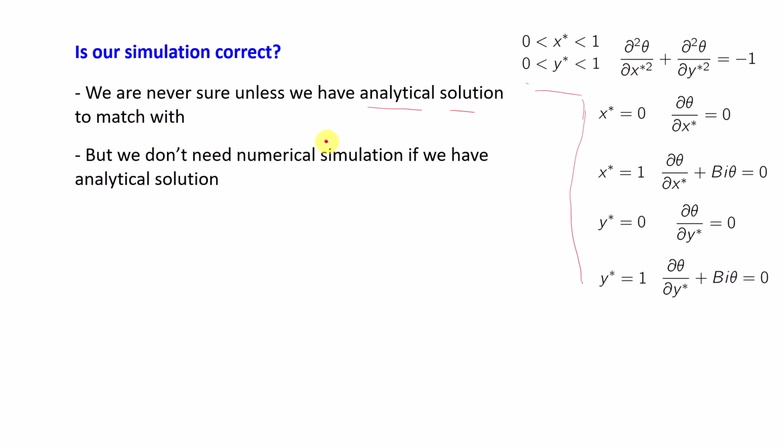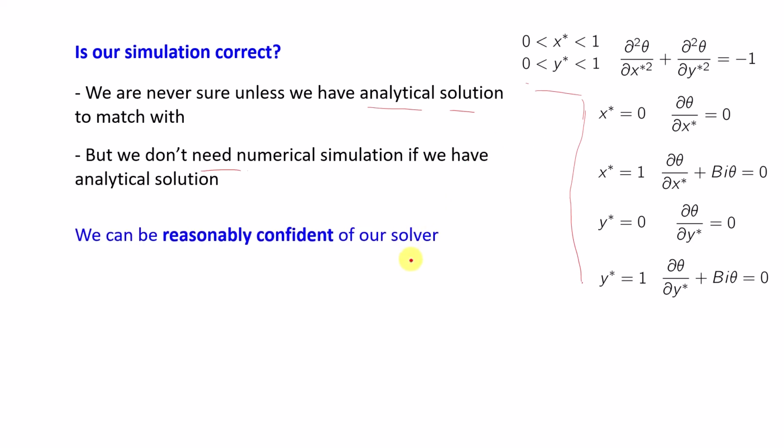Now here the issue is that we don't have an analytical solution. If we have an analytical solution, then we don't need a numerical solution. So if we are doing a numerical solution of a certain problem, it means that we do not have an analytical solution. This is almost always the case, unless you are doing numerical simulation only to learn it. For all practical purposes, we do numerical simulation for problems where we don't have an analytical solution.